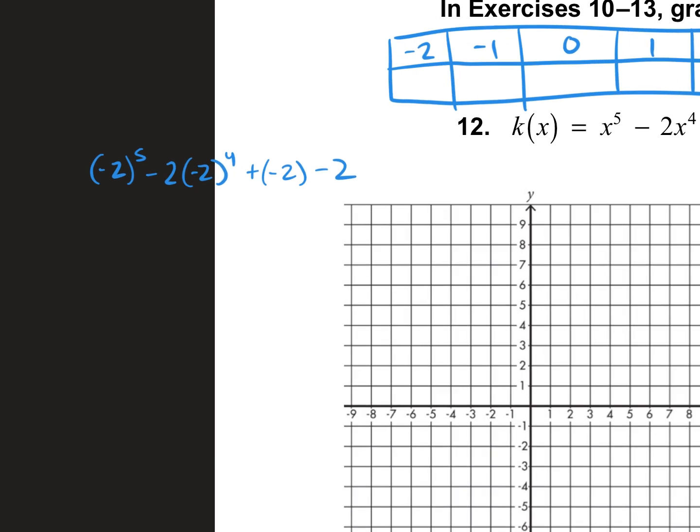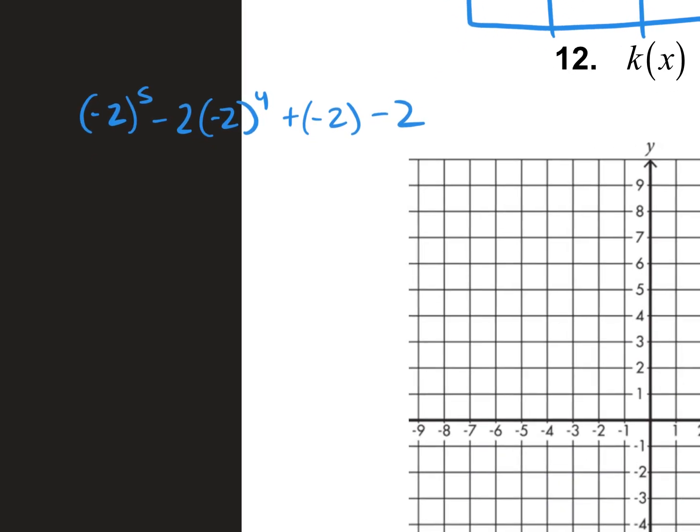What is -2 to the 5th power? -32. Next, we have -2 to the 4th power, which would be 16, times -2, -32. Then this would be -2 minus 2.